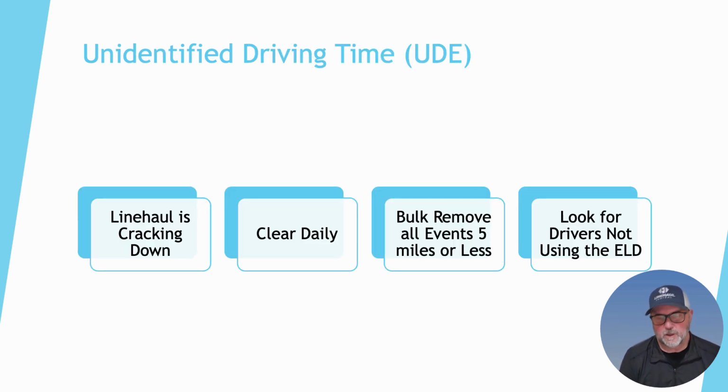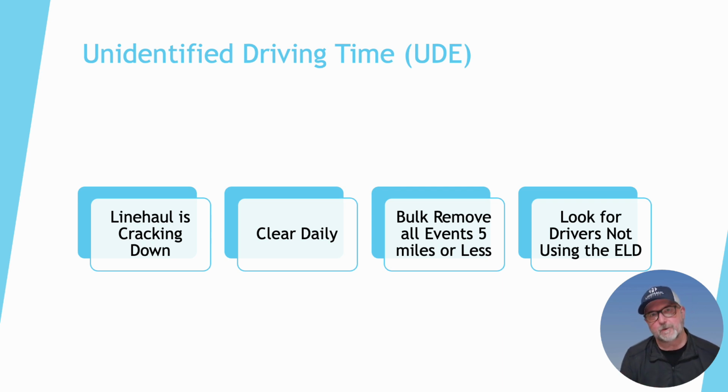Unidentified driving time, UDEs. This is something that I rarely see a contractor deal with. You just don't have time, or you don't deal with it, or whatever, and you need to. Linehaul is cracking down on this, and the reason for this is the unidentified driving events are causing the missing log issue.